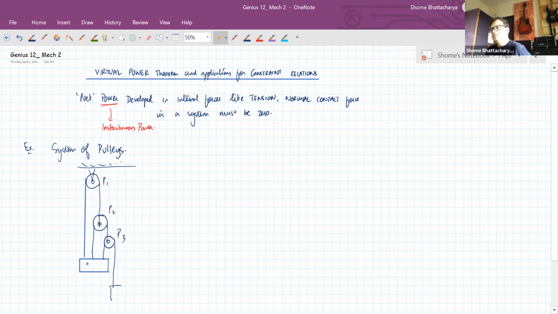So all three pulleys are massless. And we want to find the constraint relation between, let's say, the upward motion of A's velocity and the downward motion of B's velocity.